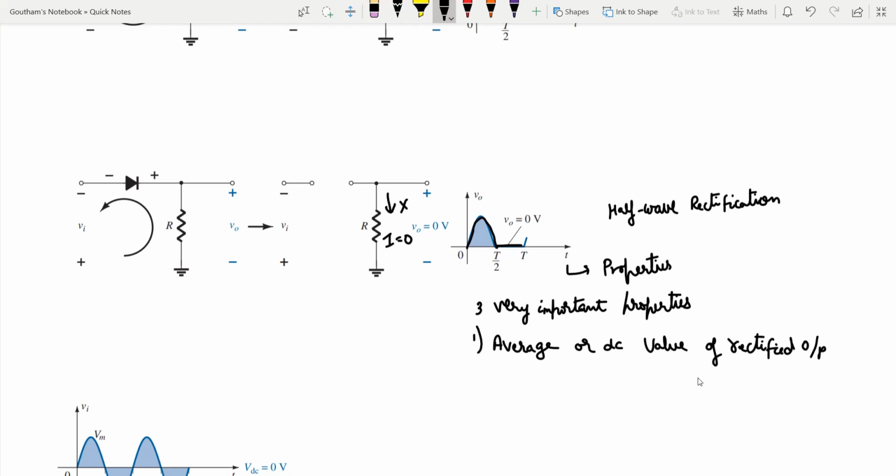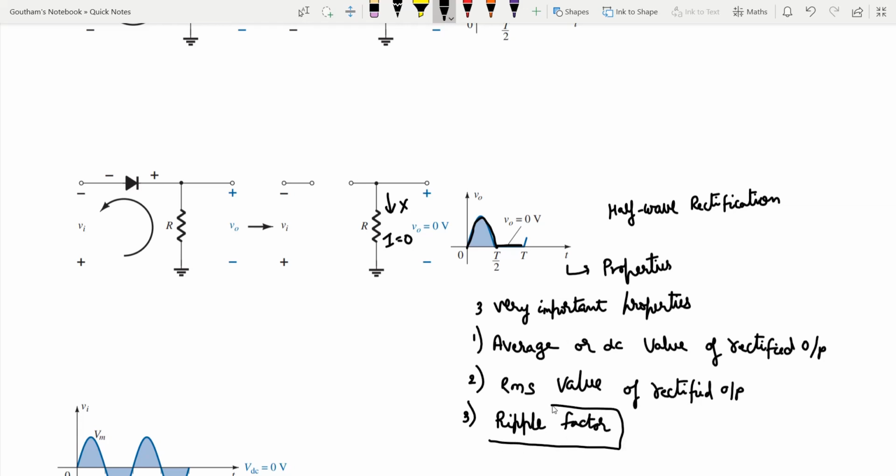The second one is the RMS value. RMS stands for root mean square. So the RMS value of the rectified output. And the third one is the ripple factor. So while discussing the ripple factor, I'll give its definition and what it signifies.